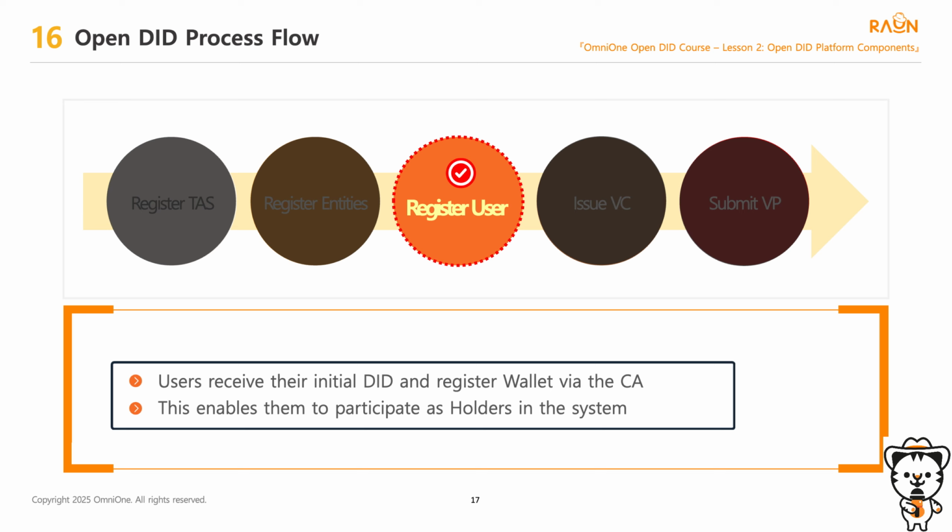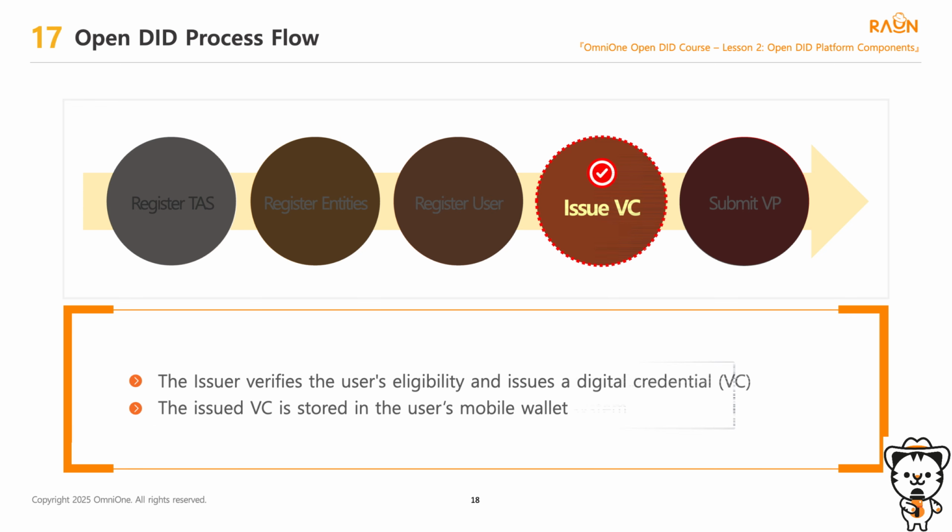Users, who play the most important role as end users in the OpenDID ecosystem, also need to go through a registration process. Through the certified app, they receive their own DID and wallet. These DIDs are then registered to the blockchain via the TAS, officially making the user a recognized holder within the OpenDID ecosystem.